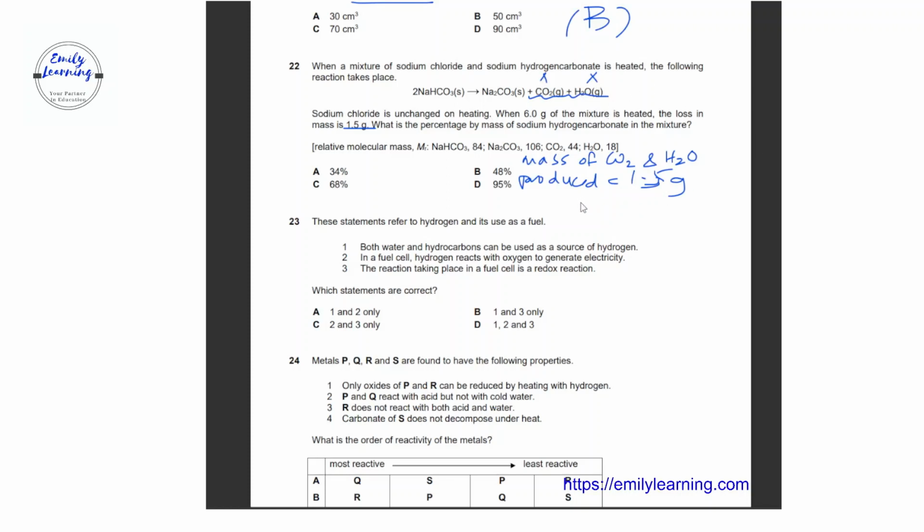So what I can do is let the number of moles of CO2 be x. So the mass of CO2 produced will be equal to the molar mass, which is 44, times x. So the mass of CO2 will be 44x, and the mass of H2O produced will be 18x. And I know this 18x plus 44x is equal to 1.5 grams, right?